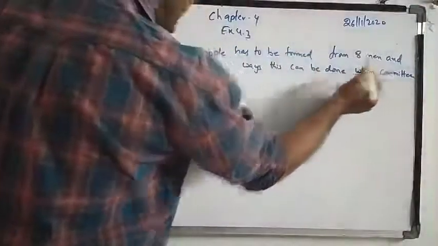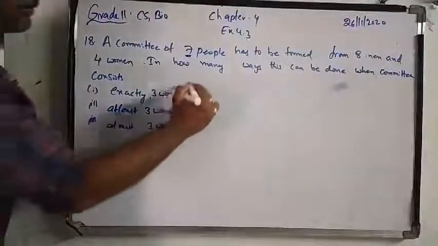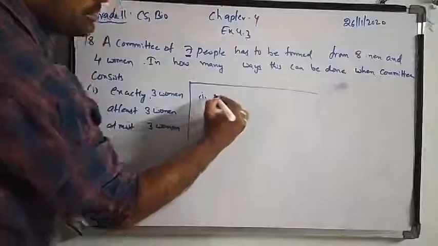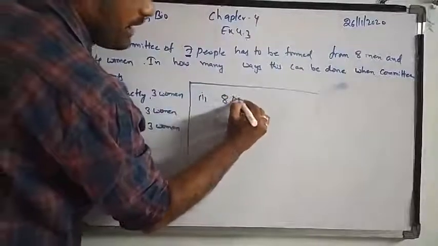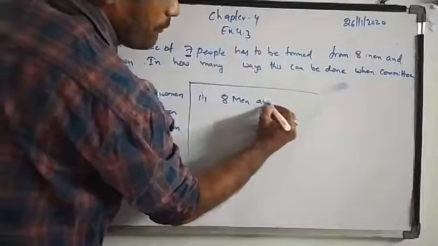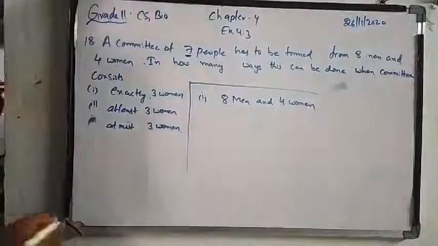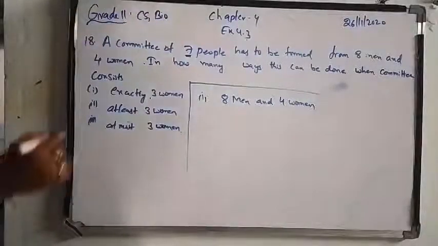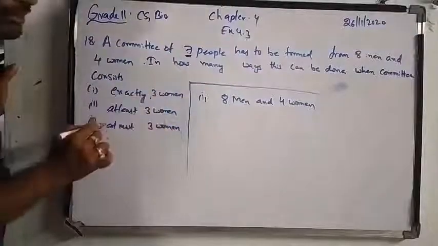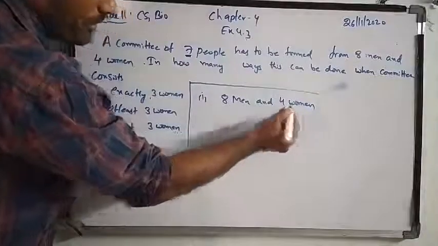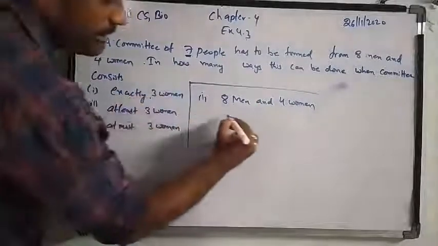Among these, there are 8 men and 4 women. So if you need to select exactly 3 women, totally there are 4 women, and in that we need to select exactly 3 women.